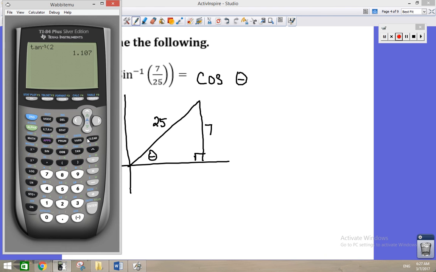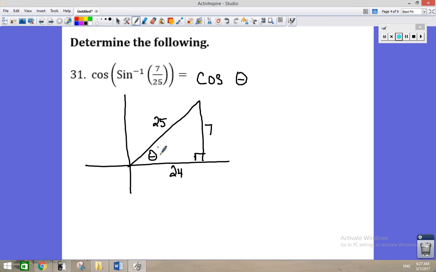By the Pythagorean theorem, is that square root 24? Yeah. So the cosine of this is 24 over 25. And that's our final answer.